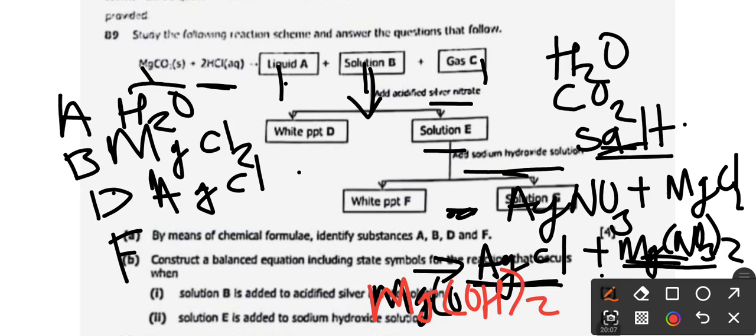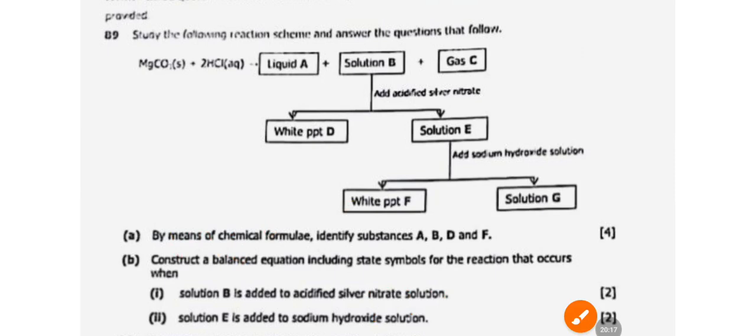So this means that F is magnesium hydroxide. Question B. Construct a balanced equation including state symbols for the reaction that occurs when number 1, solution B is added to acidified silver nitrate solution.